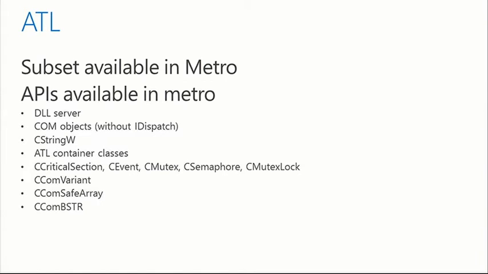Then the ATL container classes, which include map, and I don't remember the exact names, but these are the MFC containers which were ported to ATL. Those are still available for you to use. Then there are the critical section, mutex, and all these synchronization objects. Those are still available to you.